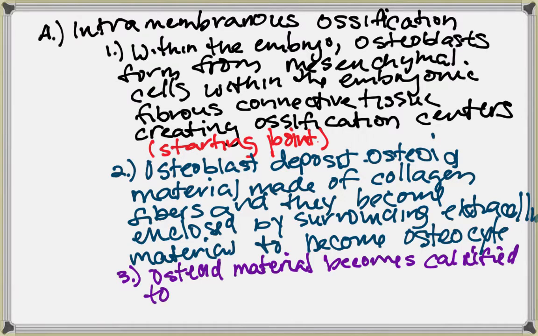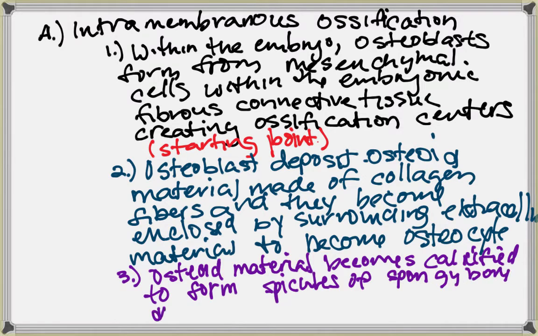Once they become calcified, they're going to form those spicules. And remember, those were basically the connections in the spongy bone that look kind of like that honeycomb or netting. And these are going to continue growing.